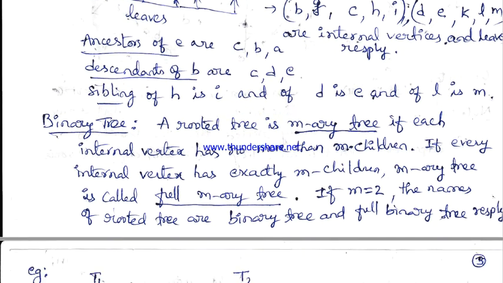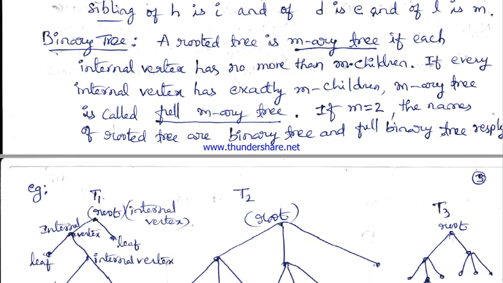Now let us see what an m-ary tree is. Suppose at each internal vertex of a tree there are not more than m children. Then we say that the rooted tree is an m-ary tree.